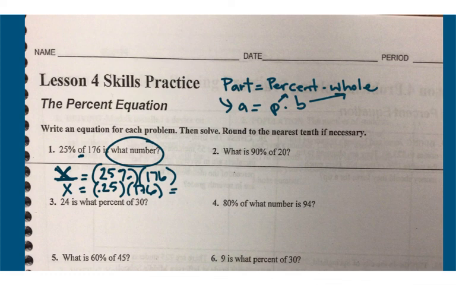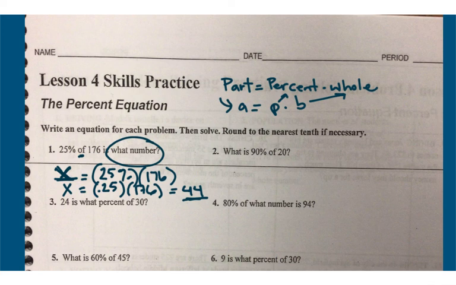On your calculator, you can multiply 0.25 times 176, and that will give us an answer of 44. So 25% of 176 is 44. Basically, if that's 25%, we know that if we multiplied it by 4, we would get 176.